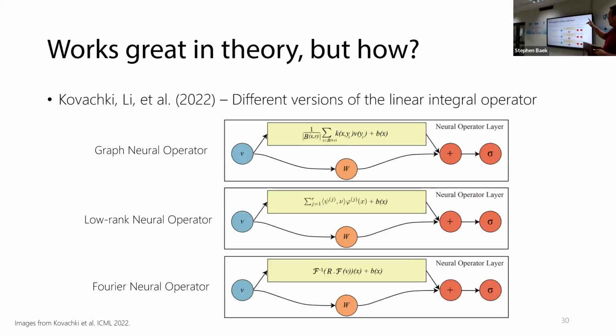So to this end, the authors of the neural operator propose three different methods to facilitate the calculation of the kernel function as well as the calculation of the integral. One of them is called the graph neural operator. The idea of the graph neural operator is to model or approximate this continuous kernel function kappa using discrete graph-structured data.